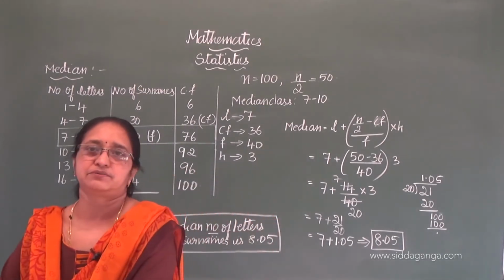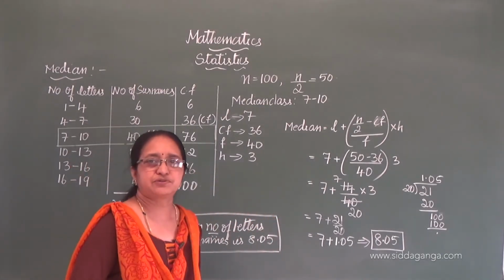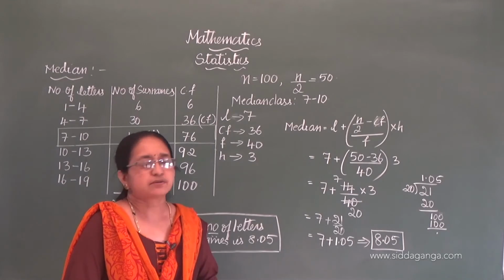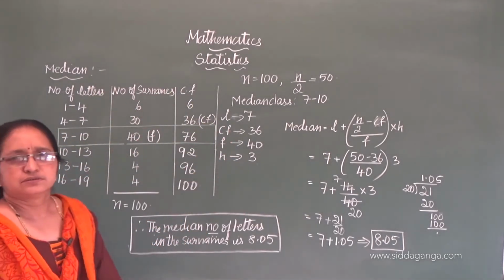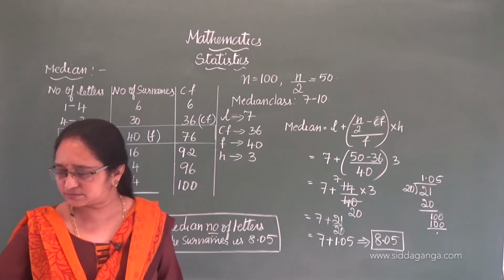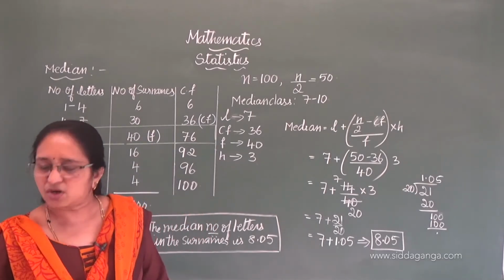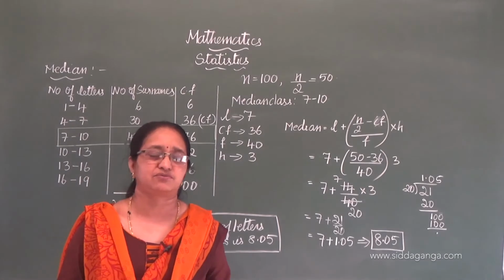Okay. Now, we finished one part of the problem. So, the median, I hope you understood this. Next, we will see how to find out the mean, again for the same problem.